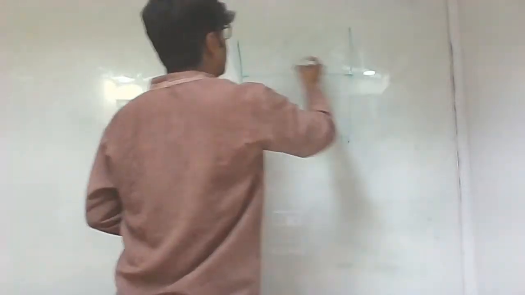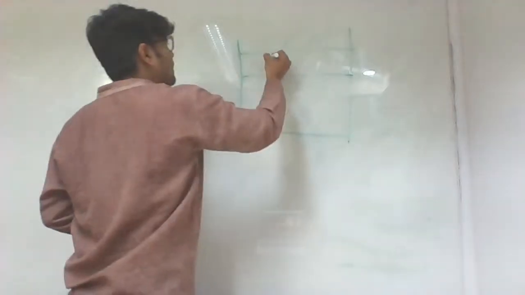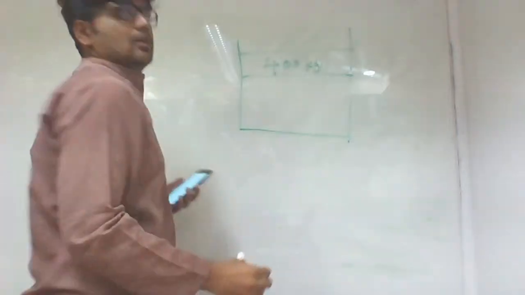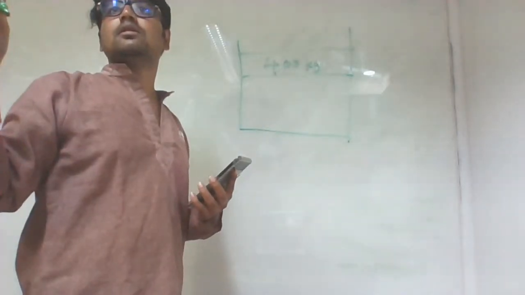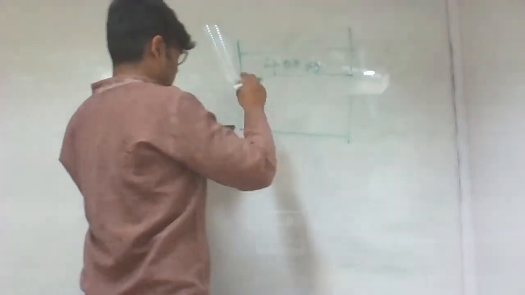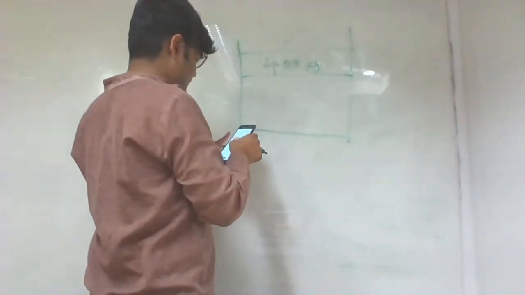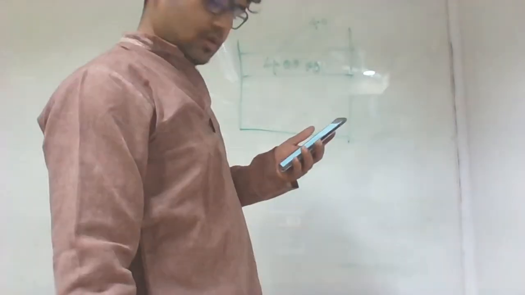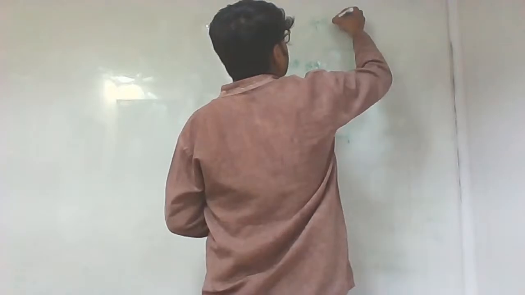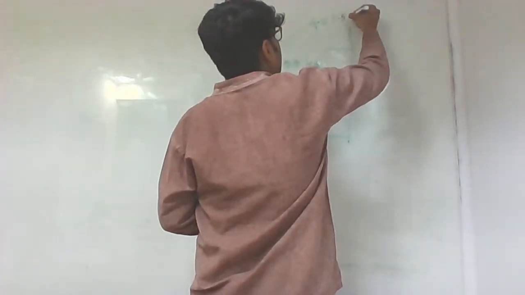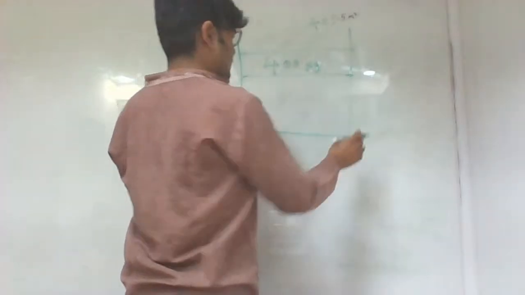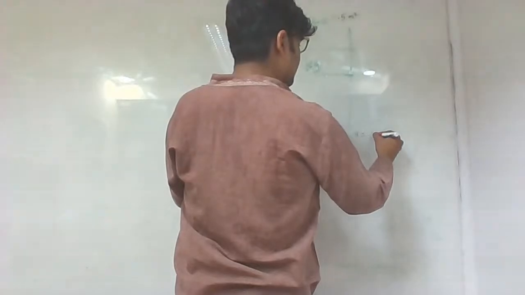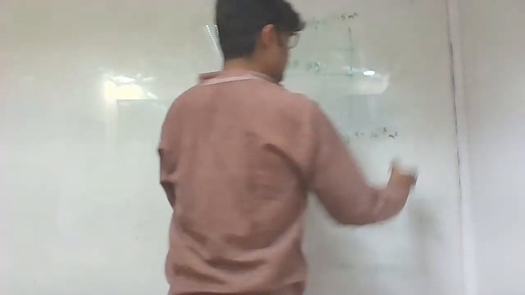Area is 0.5 meters square, and there is a slit here, a smaller area, 10 power minus 3 meters square.